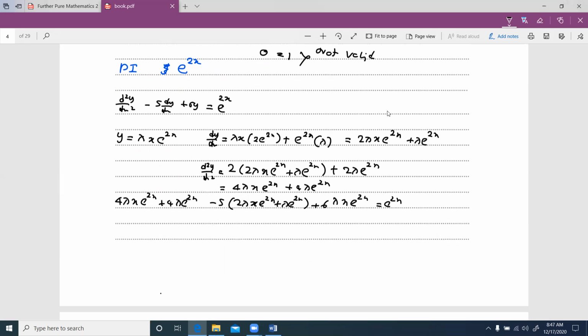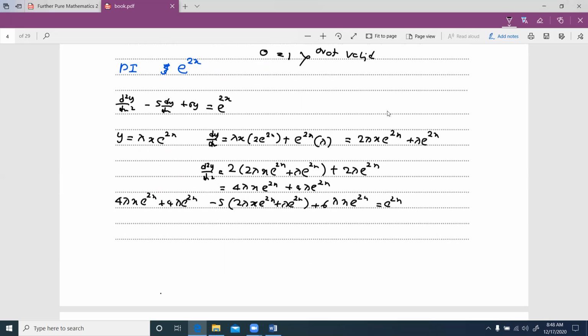If you simplify this, you can just equate these terms like this. 4 lambda x e to the power 2x minus 10 lambda x.